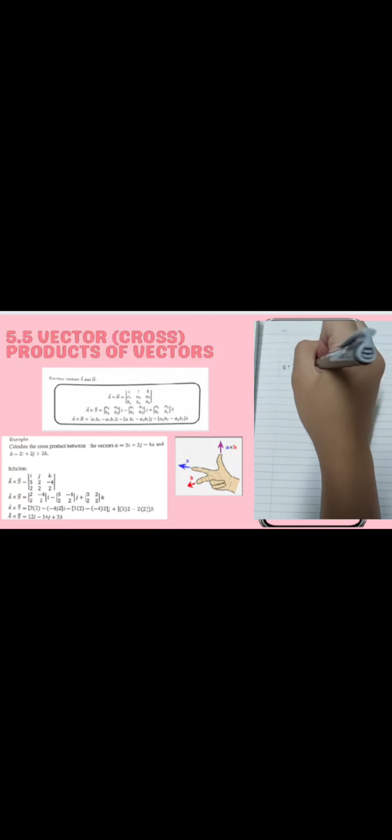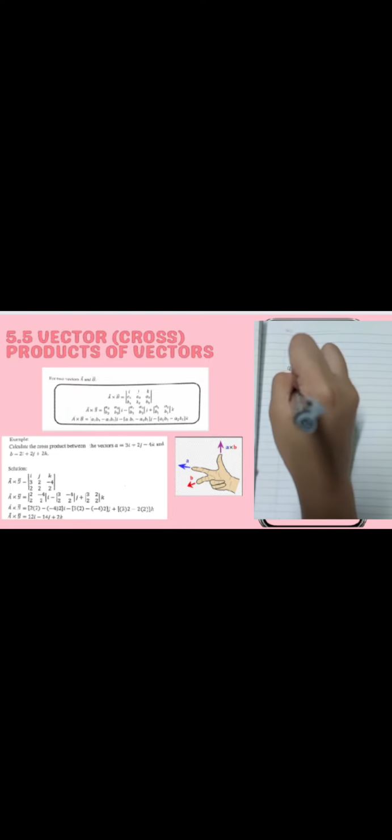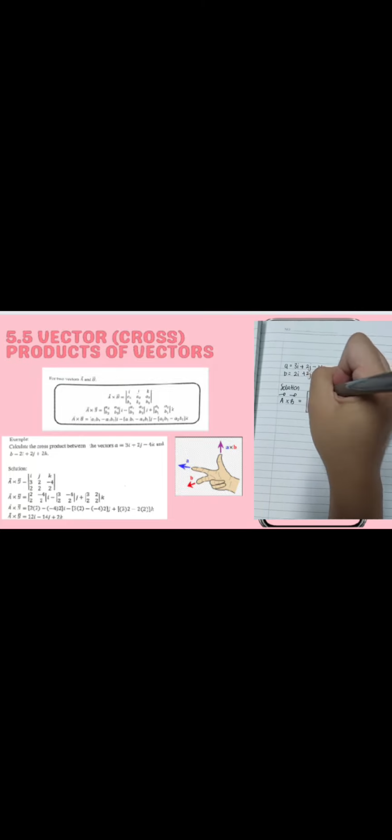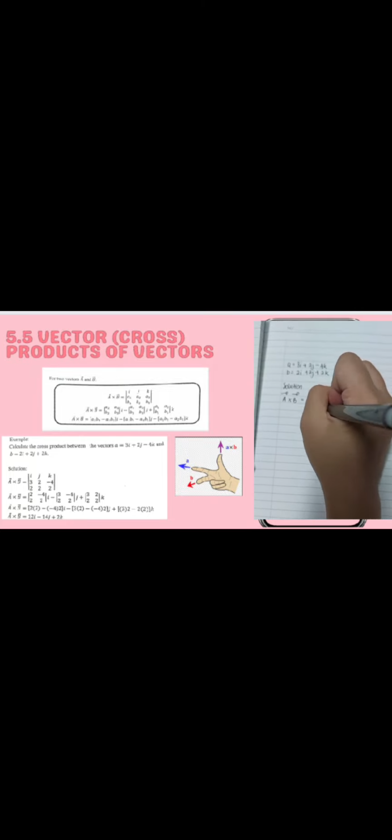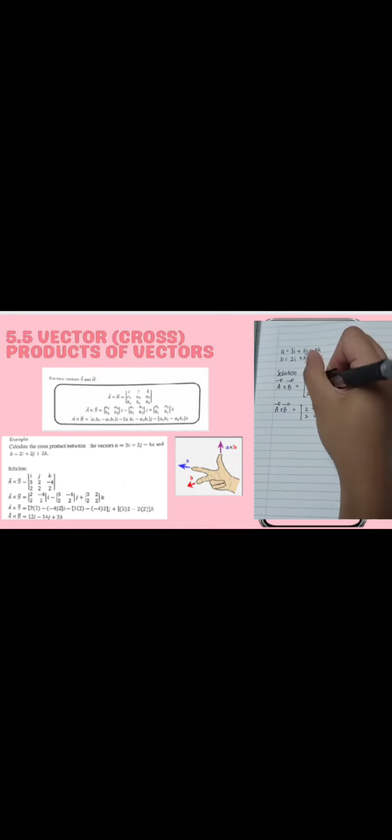First thing first, we write down vector A and vector B. After that, we change vector A and B into a determinant matrix. And then we make 3 groups for i, j, and k, like in the video.